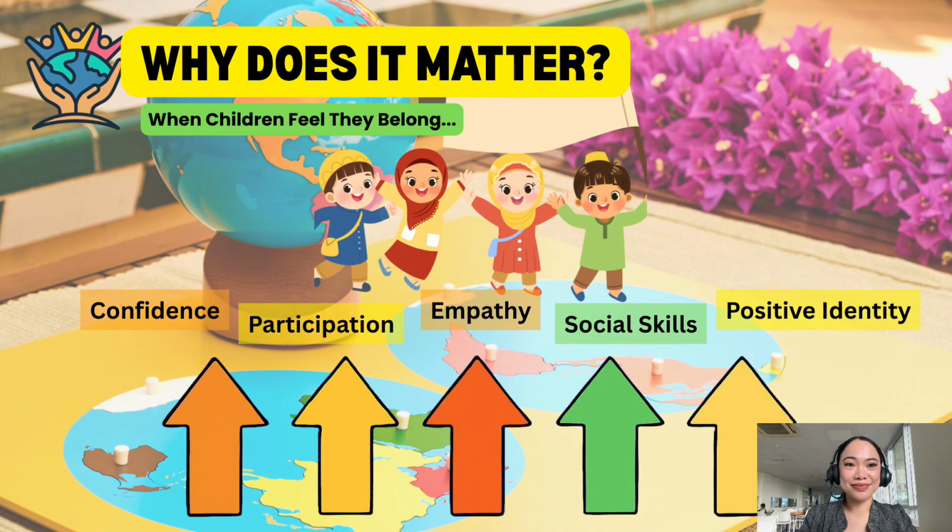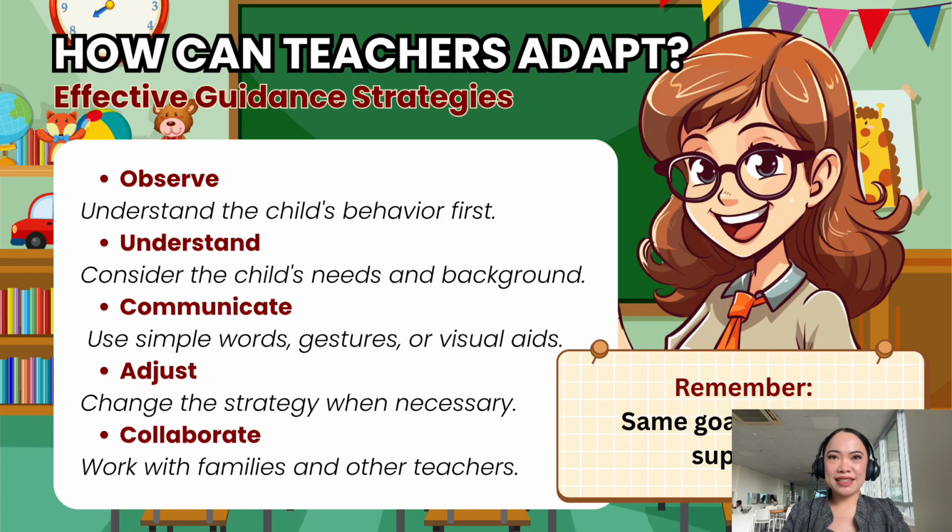The teacher plays a very important role in creating an inclusive environment. First, the teacher is an observer who tries to understand each child's individual needs. The teacher is also a bridge builder between the school, the child, and the family.